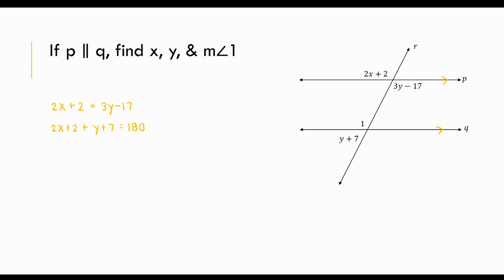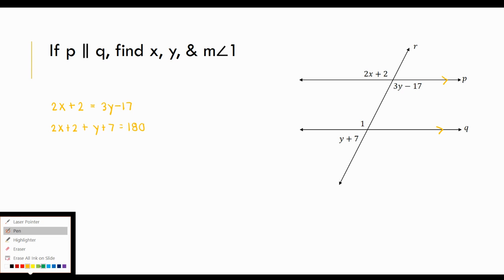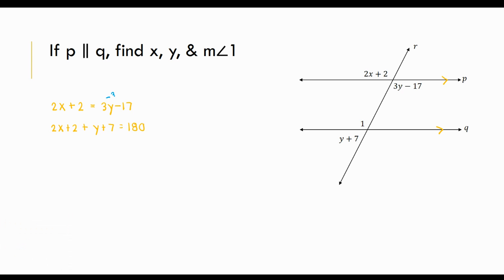So now that I have that, I'm going to set it up where I can maybe do elimination. If I want to do elimination, I'm going to move the y over to the other side, and I've got to get my like terms with the numbers, so I'm going to subtract the 2. Down here, all I need to do is move the 2 over to the other side as well as the 7.